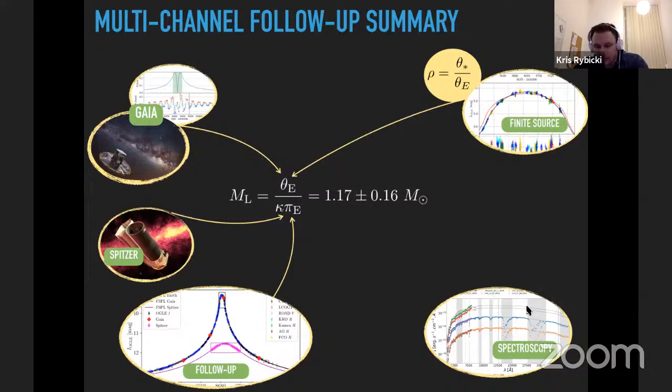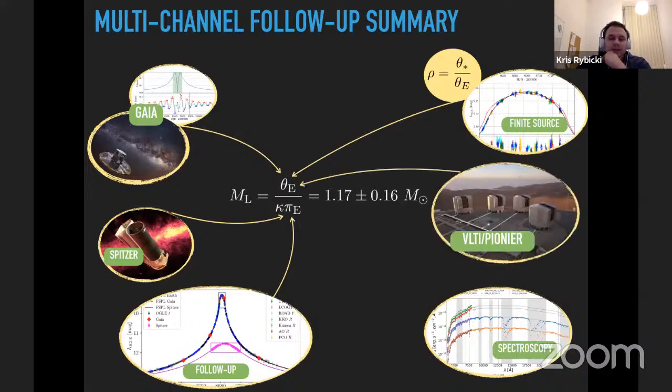We did use spectroscopic follow-up to determine all the parameters of the source. And it also will be possible, hopefully in the future, to measure theta E using Gaia astrometry by detecting the astrometric microlensing deviation.